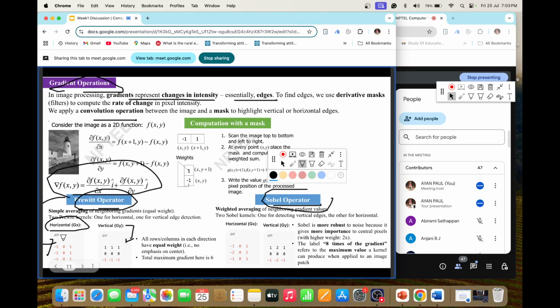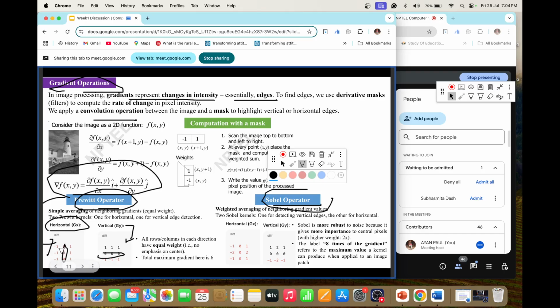In both cases, you can see that for the horizontal operator the middle row is 0, and for the vertical operator the middle column is 0. When you are talking about the Sobel operator, again the middle is 0 for both, but here you can see the change in weight.